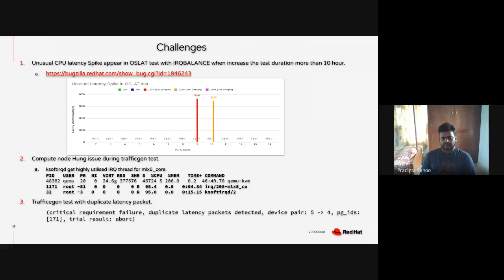The second issue is that when we performed the sanity test after the deployment, the entire compute node went into a hung state, and we observed the software queue thread increased to nearly 100% CPU utilization. At the same time, the traffic generator also failed and reported a duplicate latency packet.